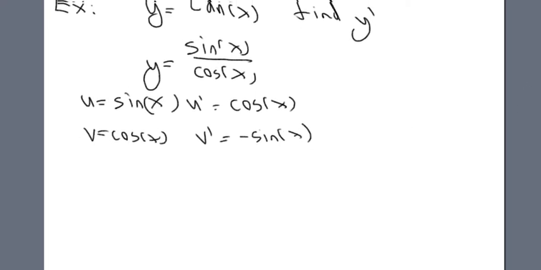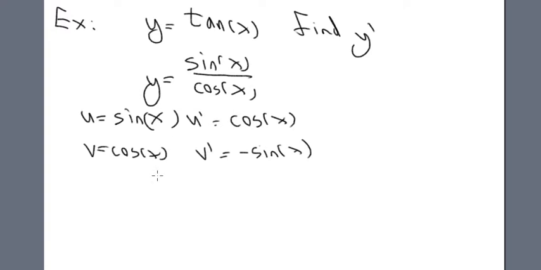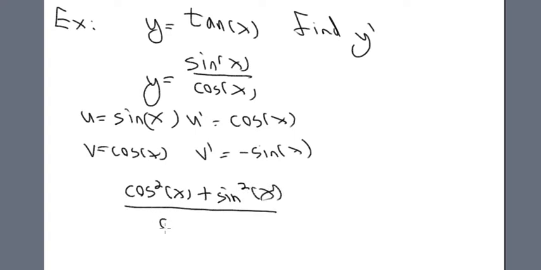Now, on the top, u prime v, cosine squared x, minus uv prime, so minus minus is going to be positive, sine squared x, all over v squared, so cosine squared x.